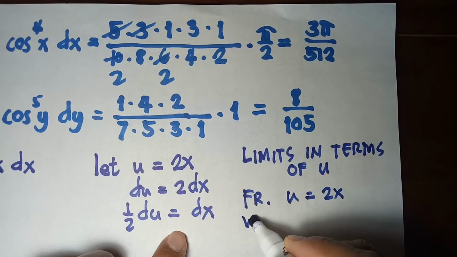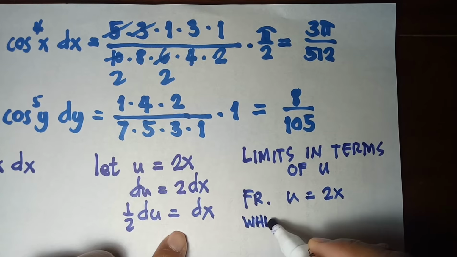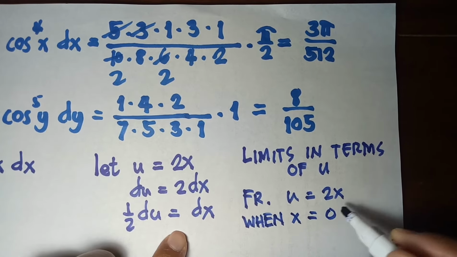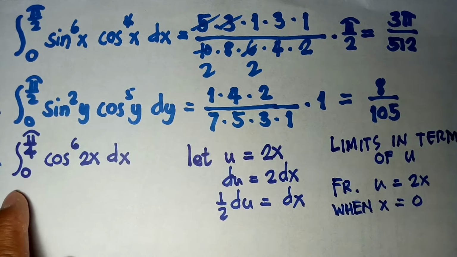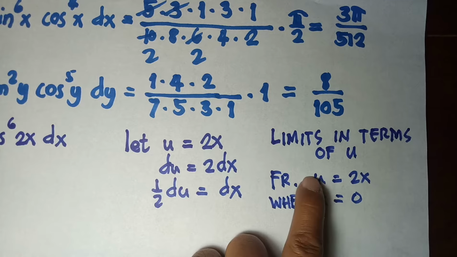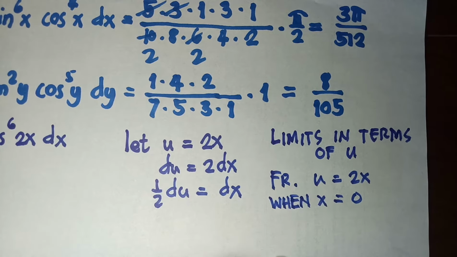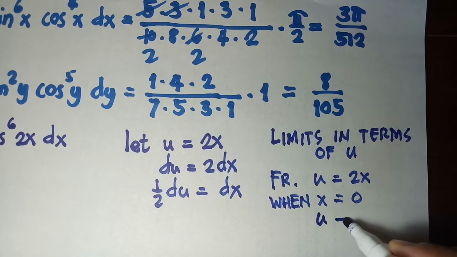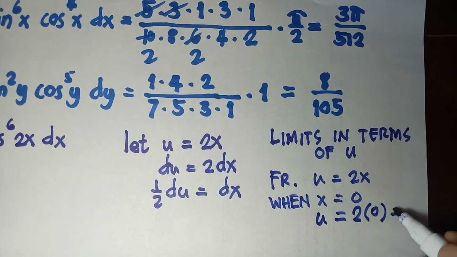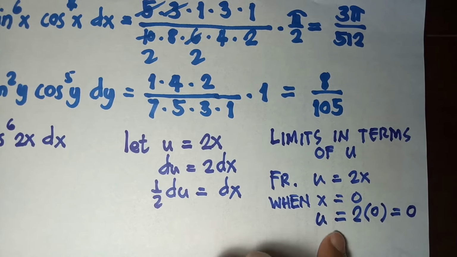Una, when x is 0, so ito yung ating lower limit in terms of x. So when x is equal to 0, so u will become 2 times 0, and 2 times 0 equals 0. So yung lower limit natin in terms of u ay equal din sa 0.